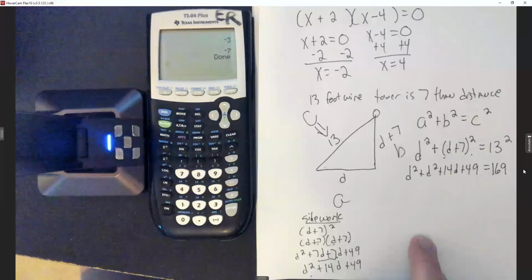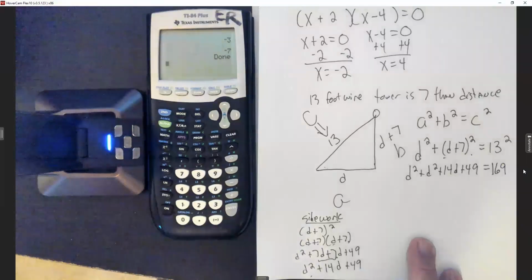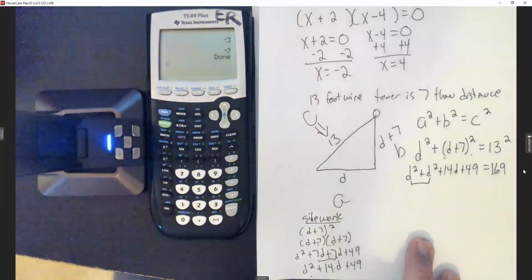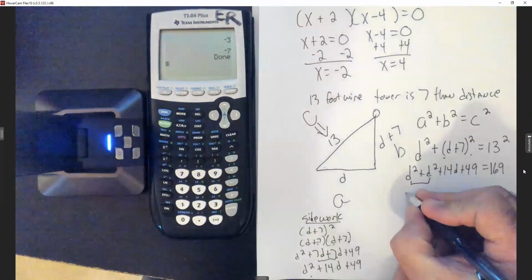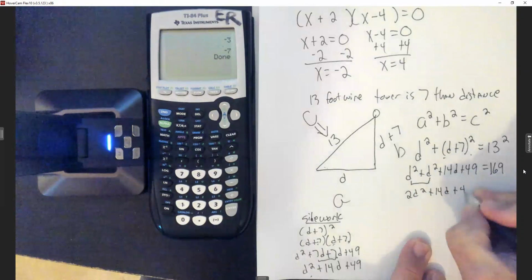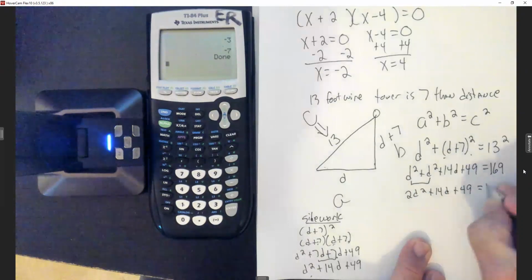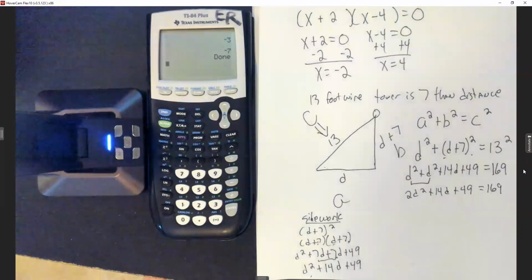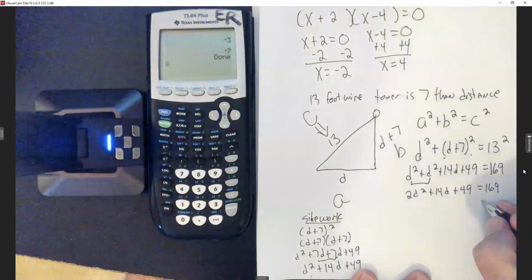All righty, so to solve this, I'm going to add like terms on the left side. So I got 2D squared plus 14D plus 49 equals 169. Now, since this is quadratic, I need a 0 on the right side. So I'm going to subtract 169 from both sides.